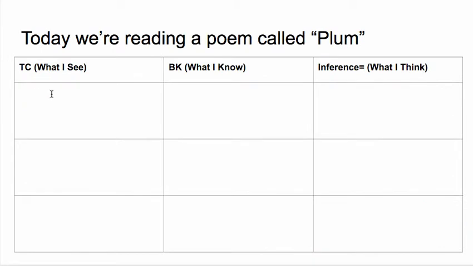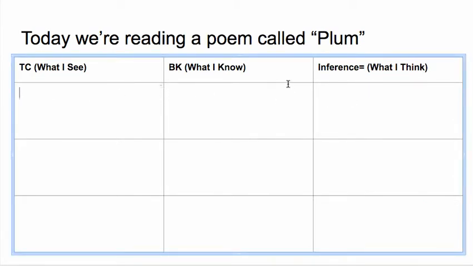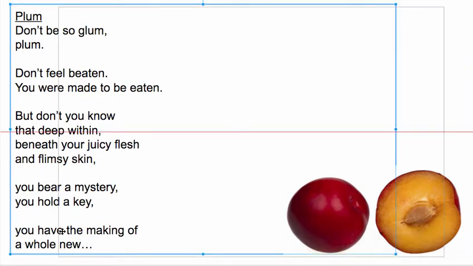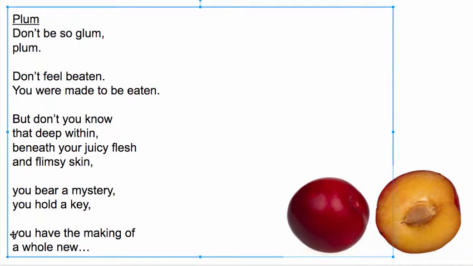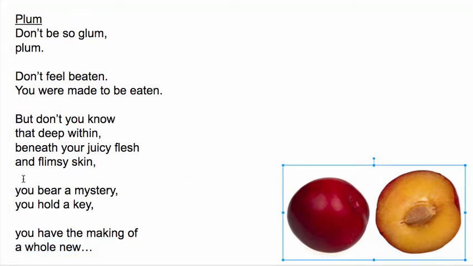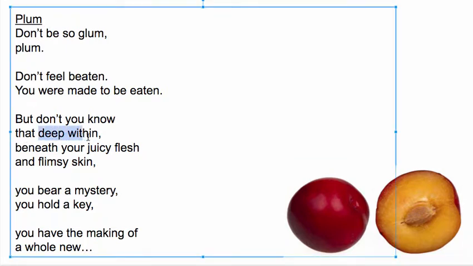So one thing that I see is that the poem is about a plum. And a plum, I know, Miss Reader knows this, a plum is a fruit. So at the very end, we already talked about this. You have the making of a whole new blank. Well, we have a fruit and we have a seed, which is deep within, beneath juicy flesh and flimsy skin.